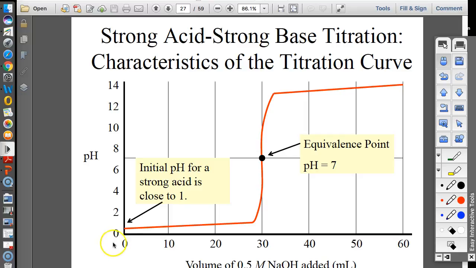If the pH is 1, 0, something like that, then you know it's a strong acid. If the pH is starting at 2, 3, 4, then you know you're starting with a weak acid. That's a big key. Also, when you're dealing with a weak acid, because you're starting up here, it will kind of look flattened out. And we'll see that here in a second.